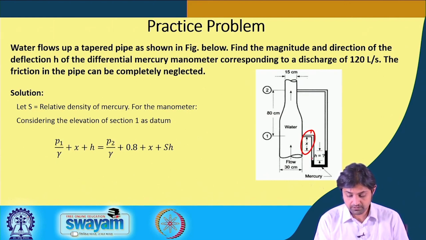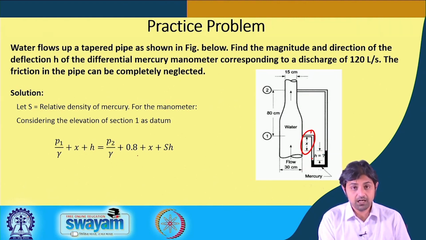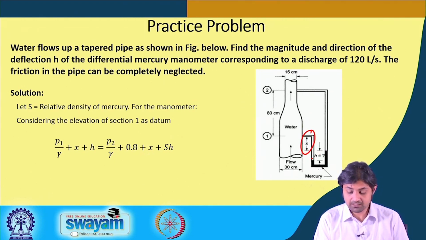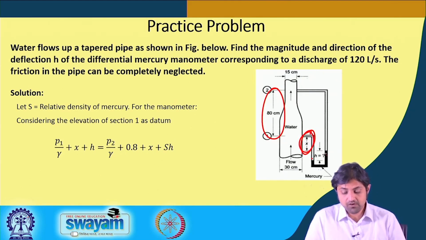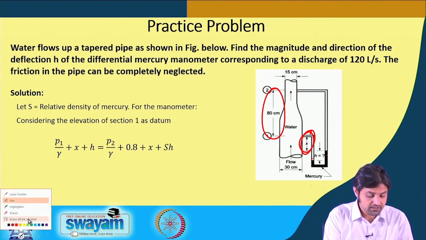is equal to P2 by gamma plus 0.8, what is 0.8? This is 0.8 plus X plus S into H, because this is the mercury. Understood? This is from fluid statics. What we are doing is equating the pressures here.